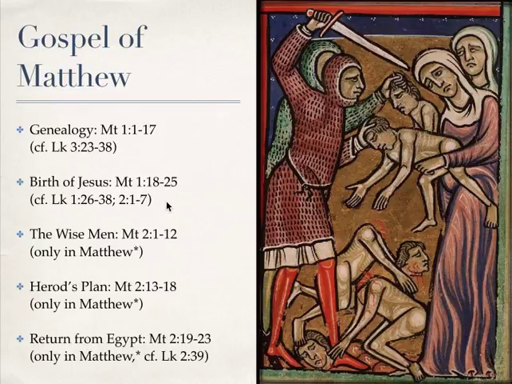Right after the genealogy, Matthew narrates the birth of Jesus in chapter 1, 18 through 25. This birth narrative in Matthew is incredibly different than the birth narrative in Luke. So read Matthew 1, 18 through 25 and Luke 1, 26 through 38, and then Luke 2, 1 through 7.